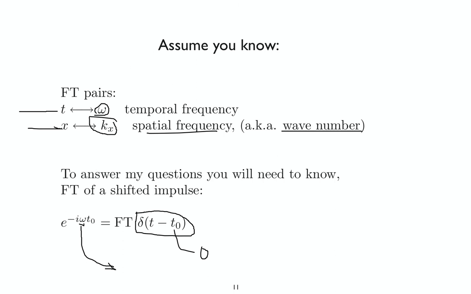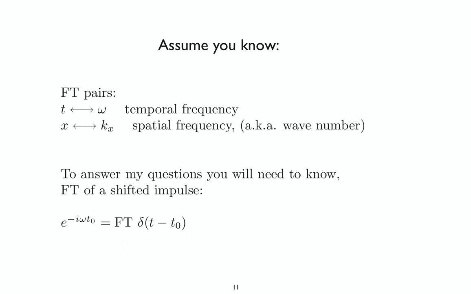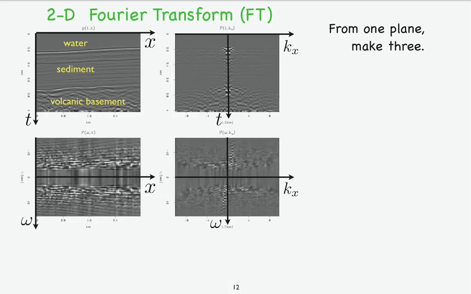Okay, let's see if I can erase the screen and move on. Okay, so here we have our data set, and it's been three-dimensionally Fourier transformed, so suddenly we have three planes to look at. Three new planes.